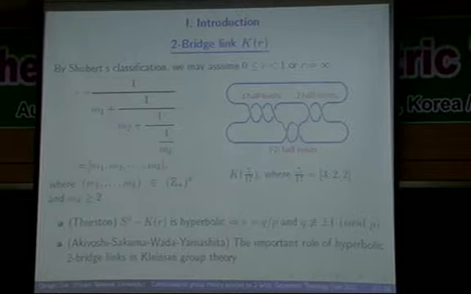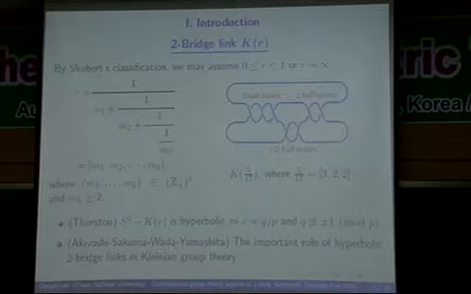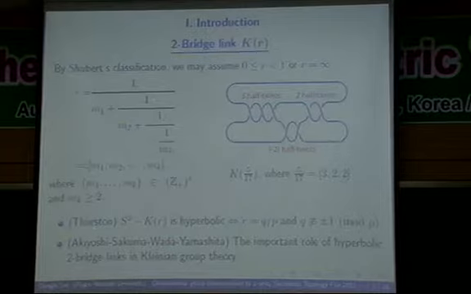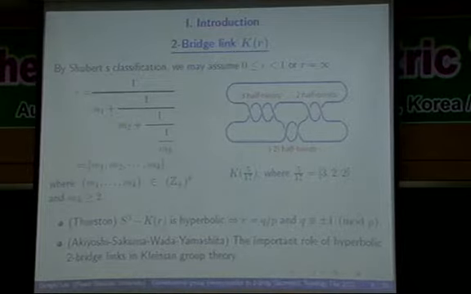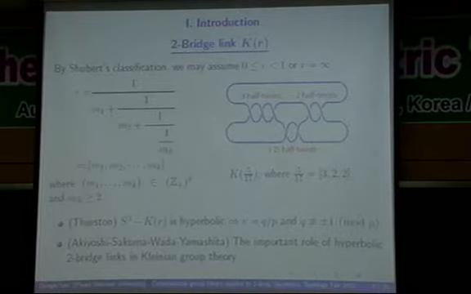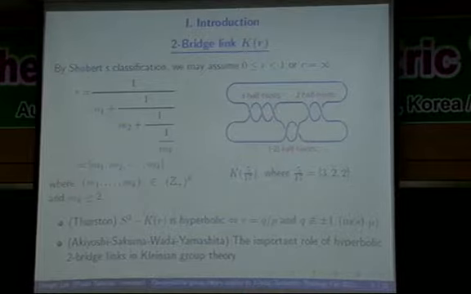This is a two-bridge link. We would like to consider the complement of this two-bridge link in the sphere S3. And as proved by Thurston, most two-bridge link complements are hyperbolic. So two-bridge link complements are a very good source of hyperbolic 3-manifolds.